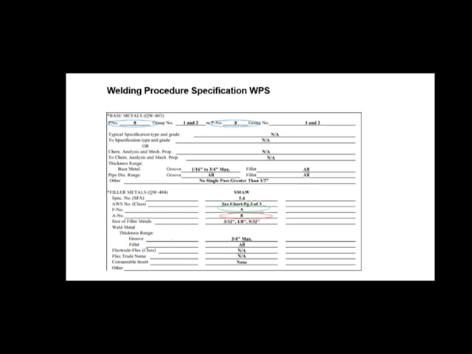F number is the filler metal product form, the filler metal type. And then the A number is the chemical composition, and this only counts for the chemical composition we worry about for ferrous materials. So nickels, aluminums, titaniums, all those copper alloys, whatever, they don't have an A number.